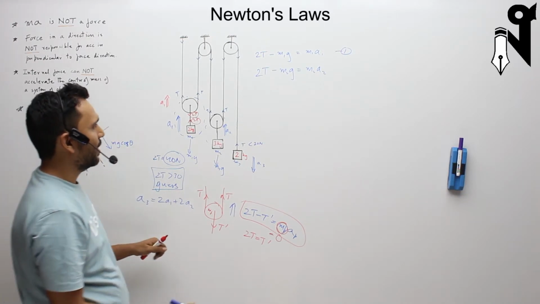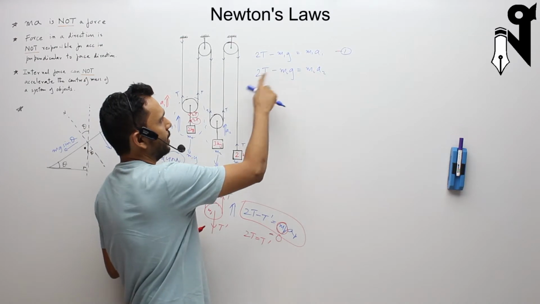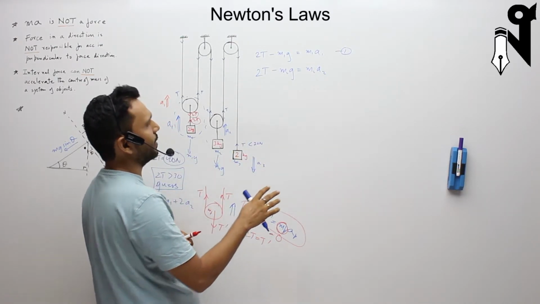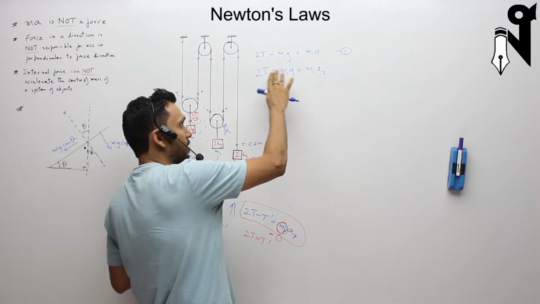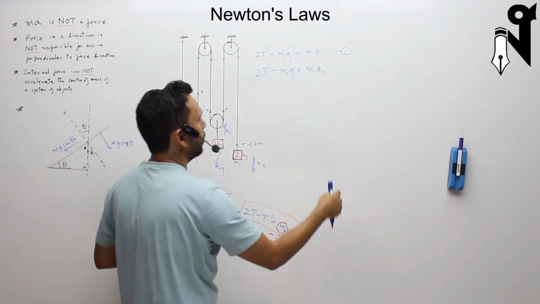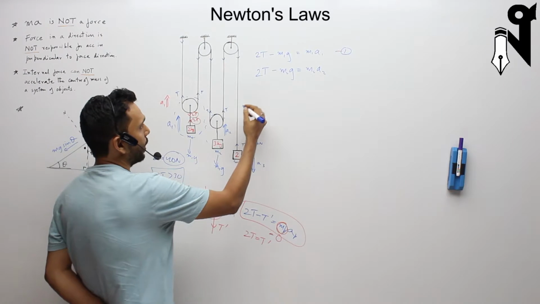Here again, suppose m2g exceeds 2T and a2 comes out negative, then the only thing is that our assumption of 2T being greater than m2g is wrong, and it is the other way around. But mathematically the equation will still be okay.